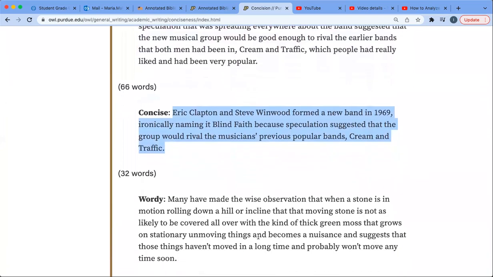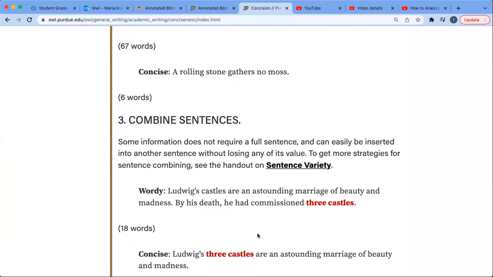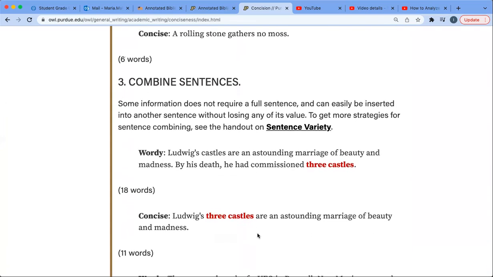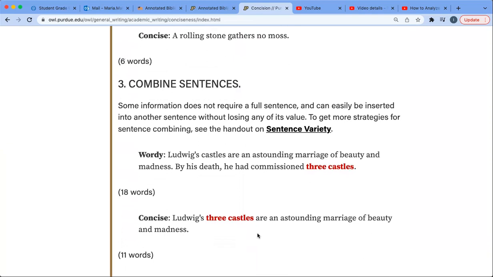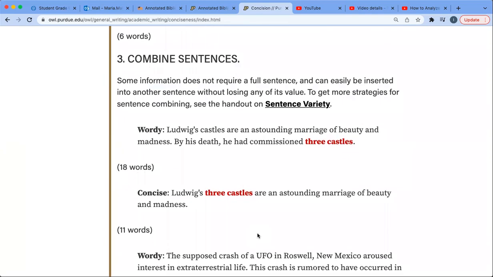The next skill of writing in a concise way is that you can combine your sentences. We have 4 different types of sentences in English: simple, compound, complex, and compound-complex. Having various types of sentences within your writing makes your writing interesting.